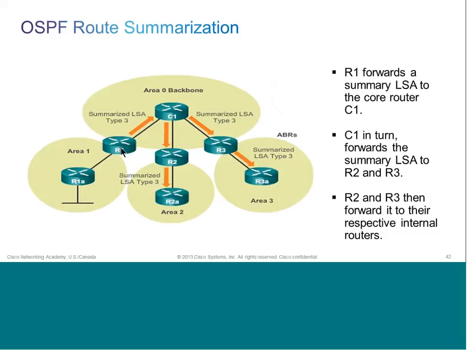Router 1 forwards a summary link state advertisement to the core router C1. So Router 1 will summarize them, send them on to C1. C1 in turn forwards the summary LSA to Router 2 and Router 3, and then forward it to their respective internal routers.